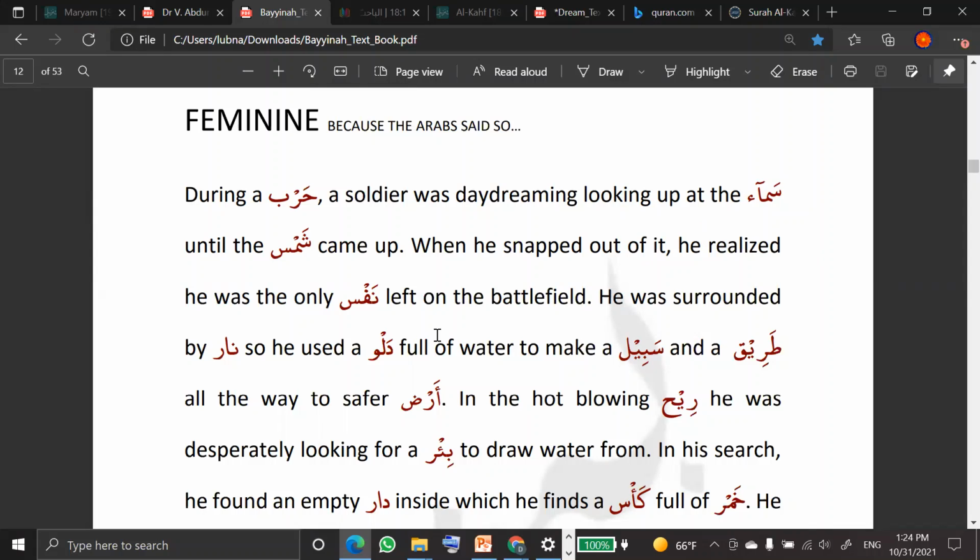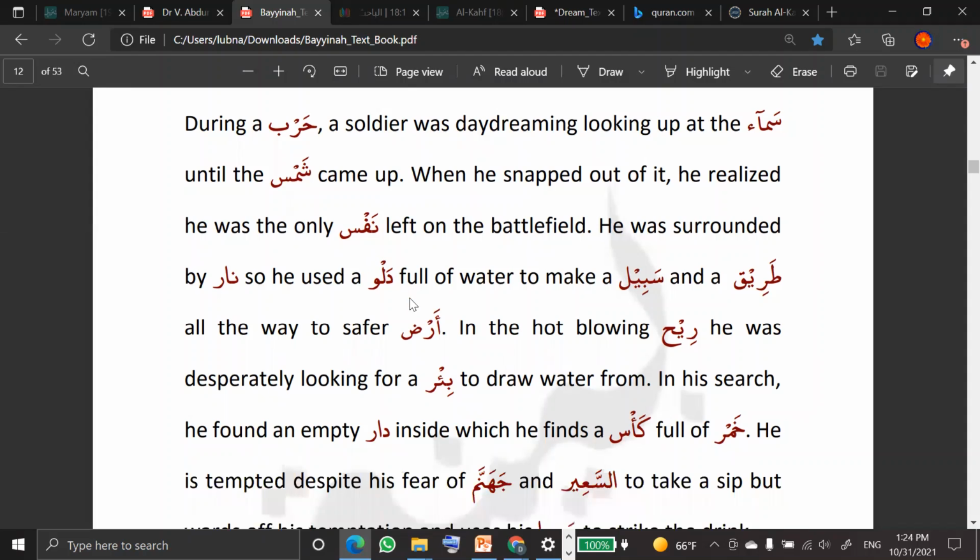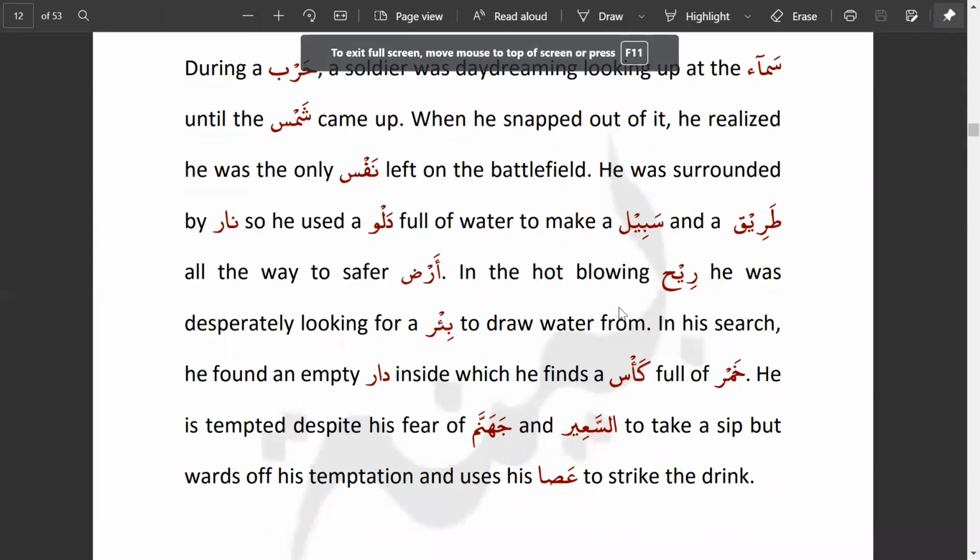This is a short story just to help you as a student to remember these words. So these words are considered feminine in Arabic, like harb is war. The ism harb is always considered feminine because the Arabs said so.